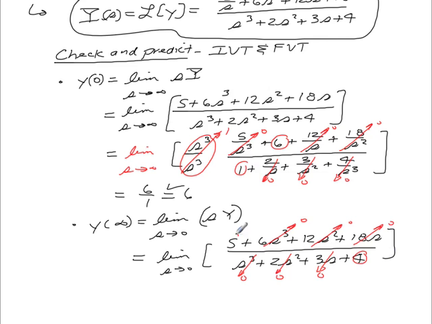We have a 4 left on the bottom, we have a 5 left on top, and we get 5/4.